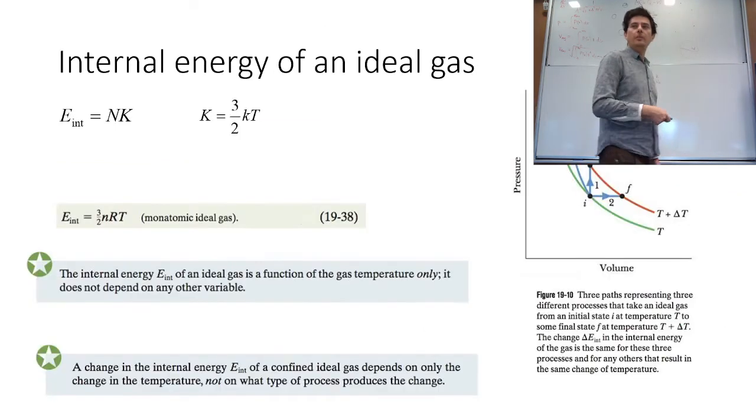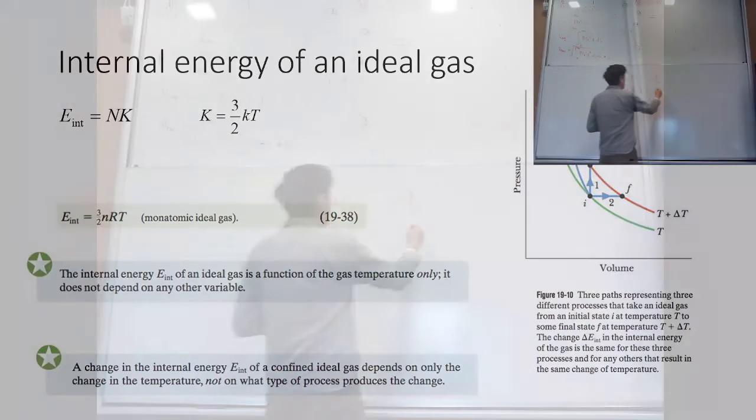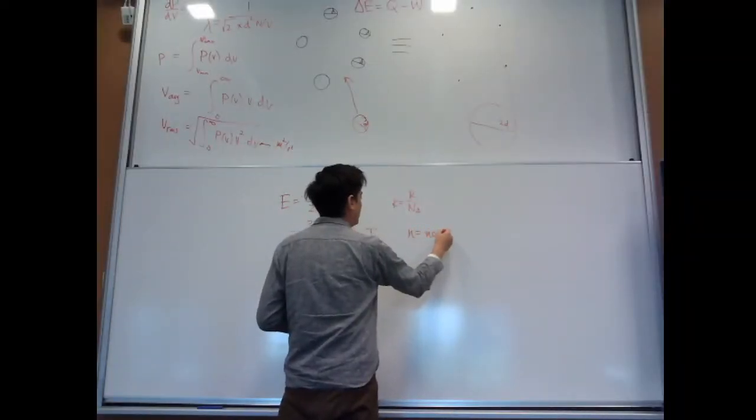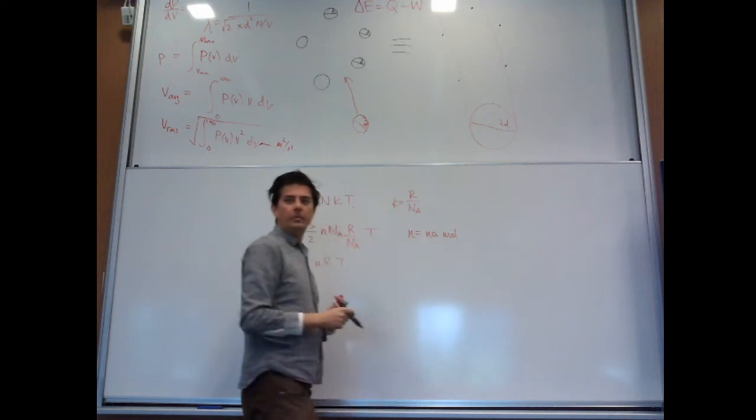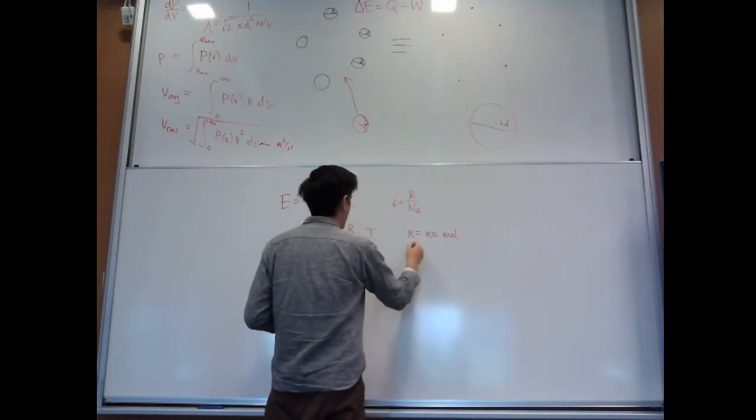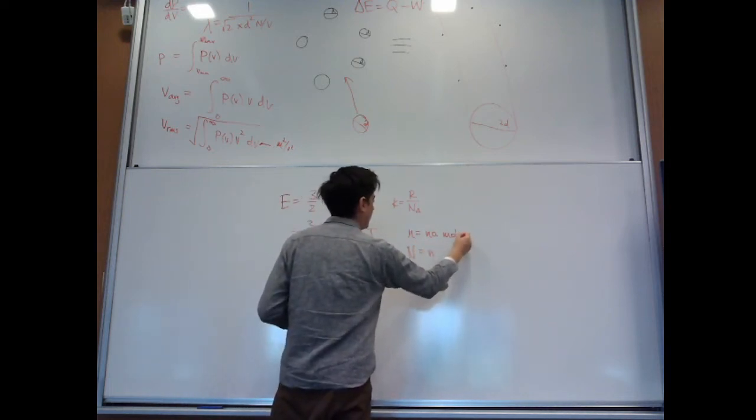Okay, so yeah. I'm confused about the relationship between the three Ns. What do they mean? Okay, so N is the number of moles. I'll write it out.